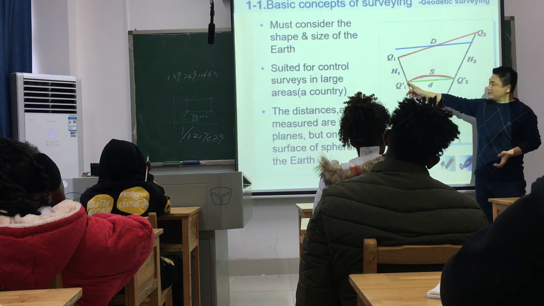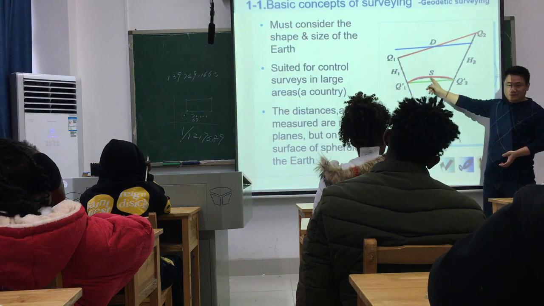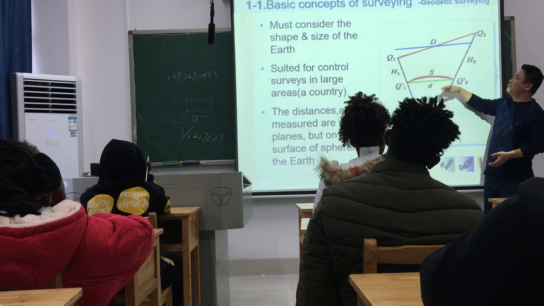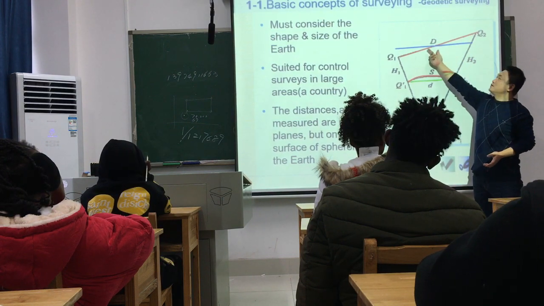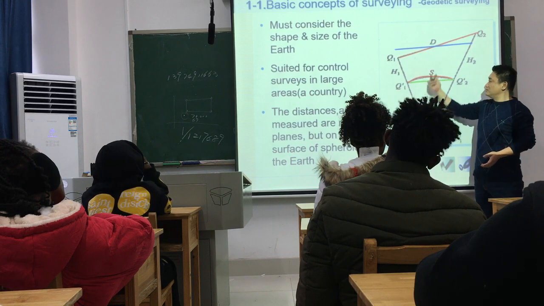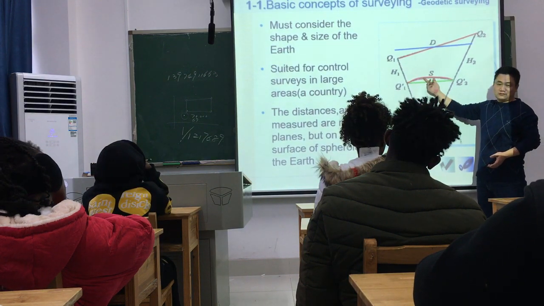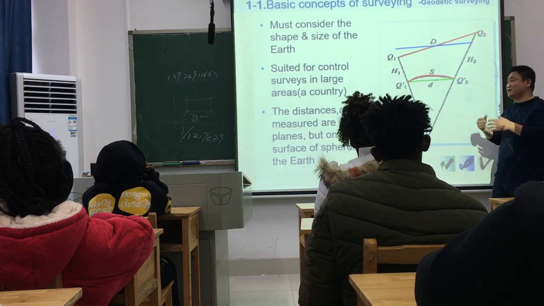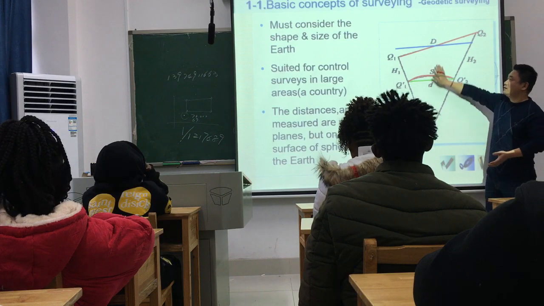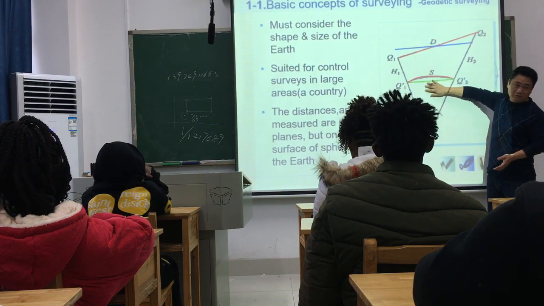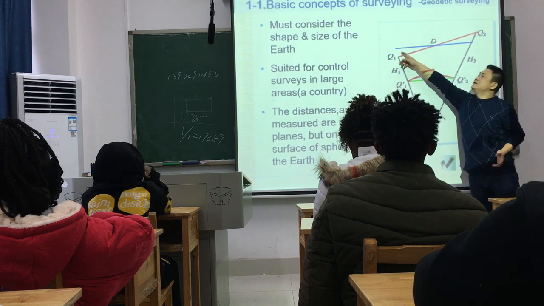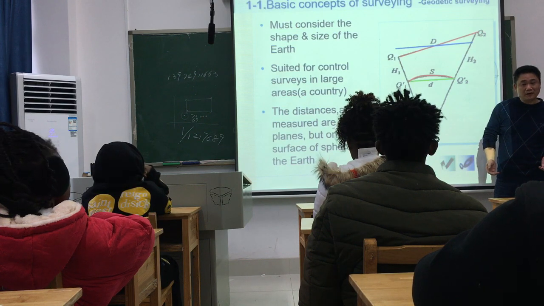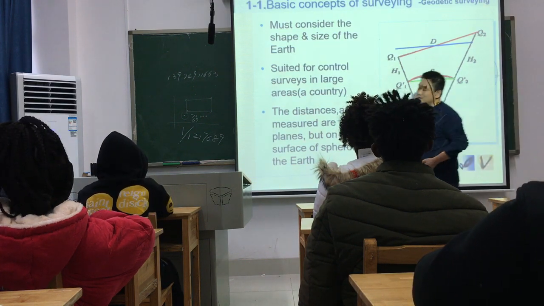We must use the distance on the surface of Earth. So we must change this red to blue, and then blue to green, and then green to red. This is geodetic. But for engineering purposes, we can ignore the curvature of the Earth. We just think this red line is the result and can use it directly, in plane survey.